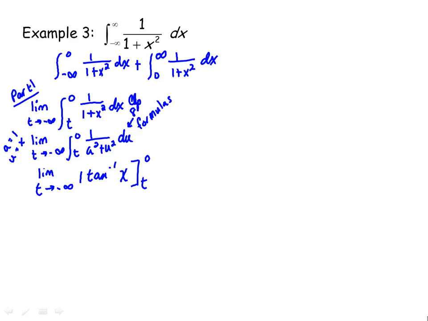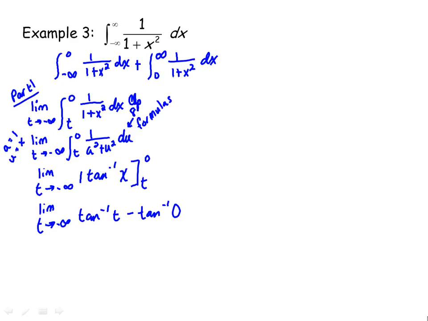So now we're ready to plug in our boundaries. We're going to have the limit as t approaches negative infinity. 1 doesn't really matter, but we'll do tangent inverse of t minus tangent inverse of 0.